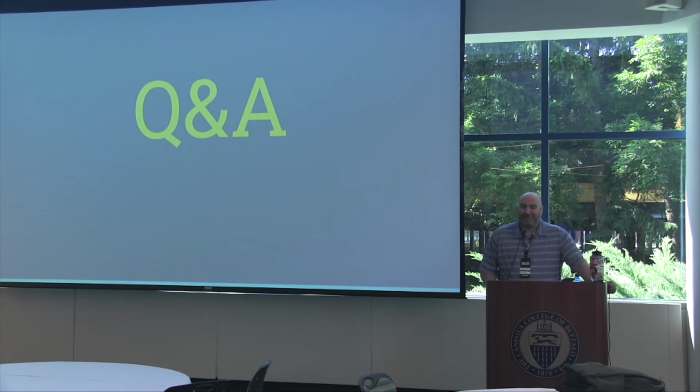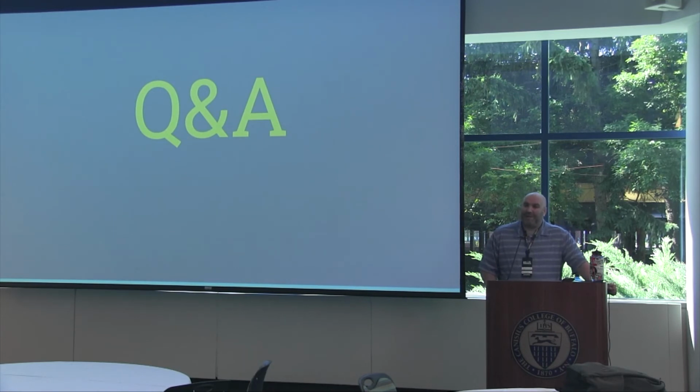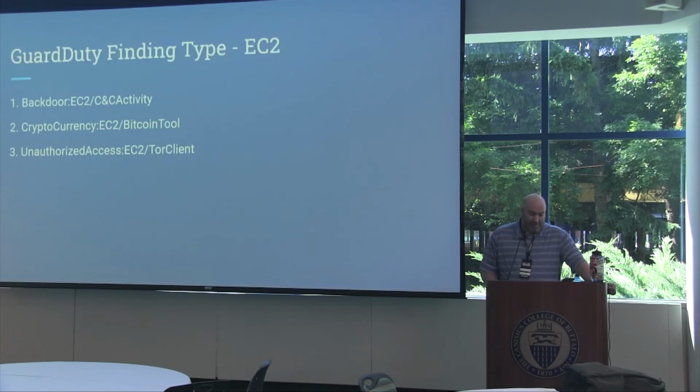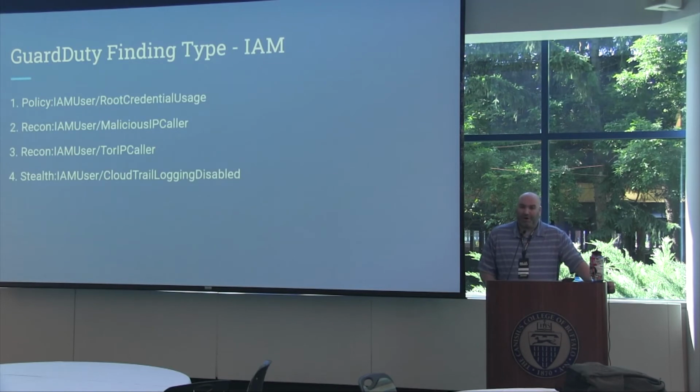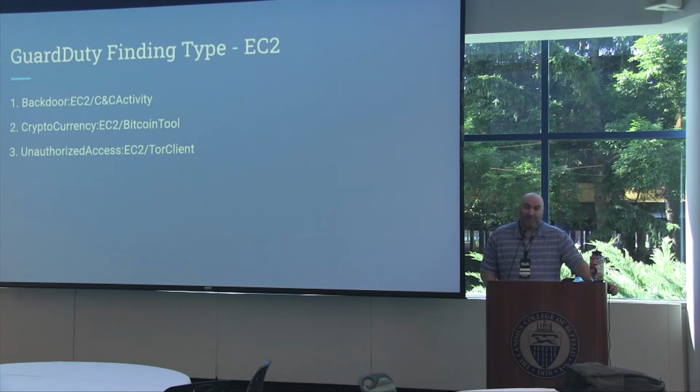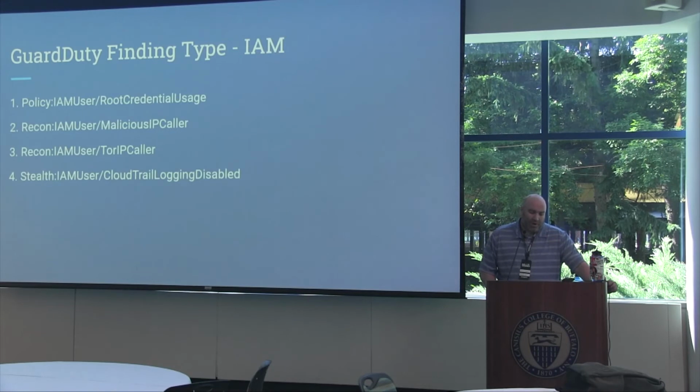It's a two-part answer. On the malicious IPs part, there are tens of finding types. I pulled three or four from each category. The IAM finding types and the EC2 finding types will alert on malicious IPs, either connecting to a known command and control channel in the case of EC2, or on the IAM side.